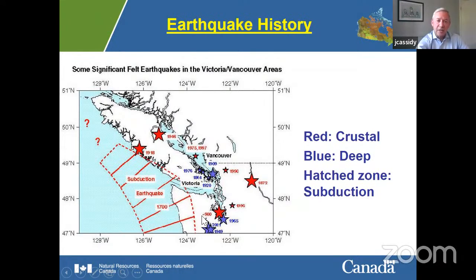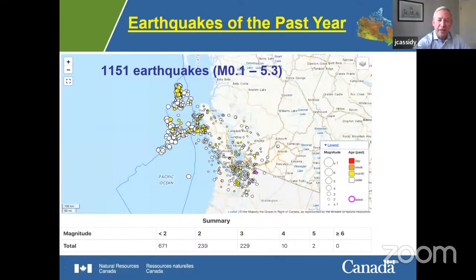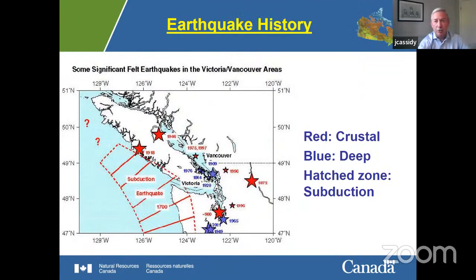We've also seen these blue stars, which are the magnitude 6.8 to 7 deep earthquakes. Those are down 50 to 60 kilometers beneath the surface, and they have not generated tsunamis in this region. The third type, the subduction, is offshore, just to the west of Vancouver Island, continuing down into Northern California.